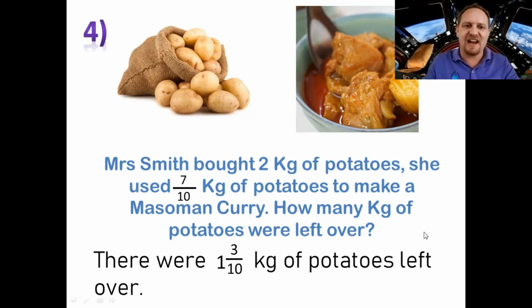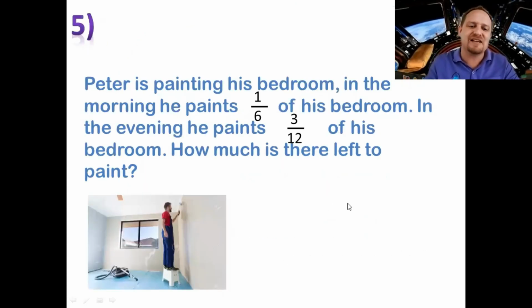Excellent. Last question, number 5. Peter, who's there in his dungarees, is painting his bedroom. In the morning, he paints 1/6 of his bedroom. In the evening, he paints 3/12 of his bedroom. How much is there left to paint? Again, the key words there, left to paint, mean the remainder. You had to do 2 things.